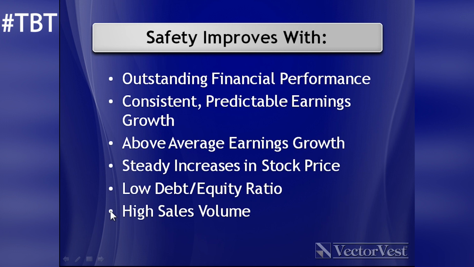Vioxx was a $1 billion problem. For most companies, what would that mean? Bankruptcy. Okay? Bankruptcy. Merck is such a big company with such high sales volume that they were able to withstand what they would call a little bump in the road.